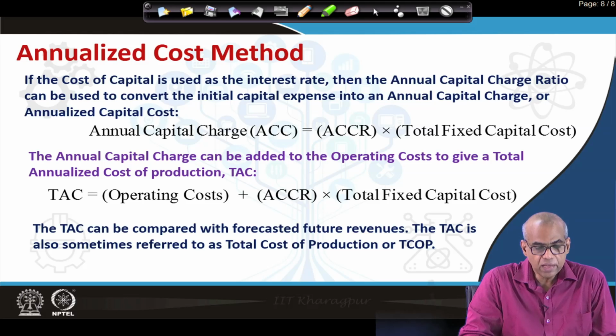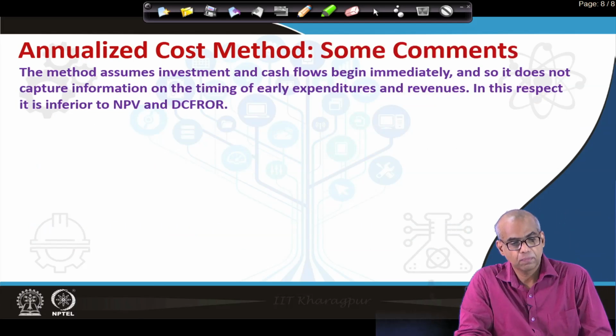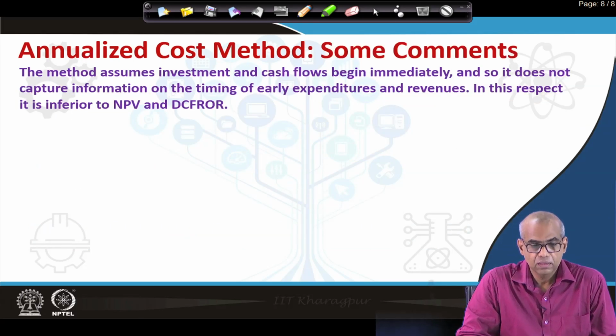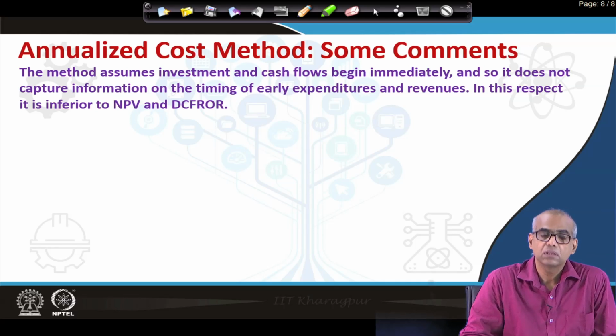The total annualized cost of production can be compared with forecasted future revenues. The total annualized cost is also sometimes referred to as total cost of production or TCOP. Here are some comments about annualized cost method.